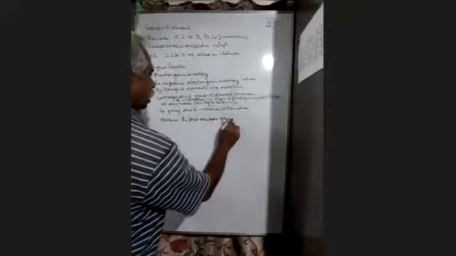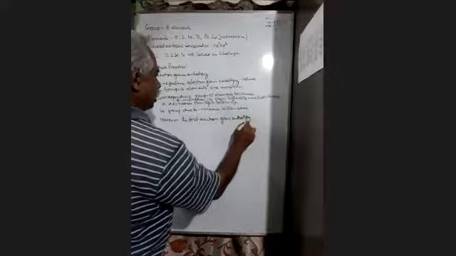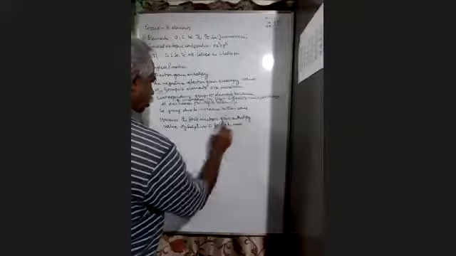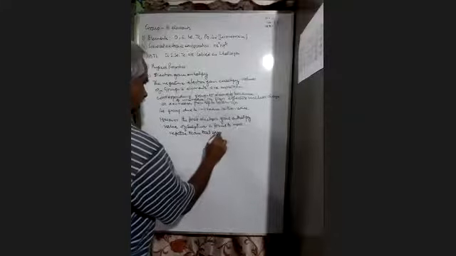However, the first electron gain enthalpy value of sulfur is found to be more negative than that of oxygen.